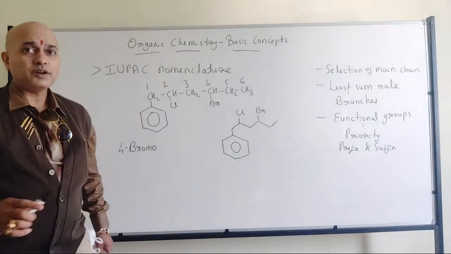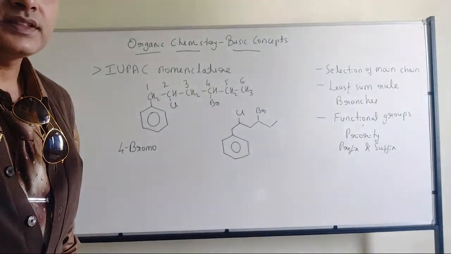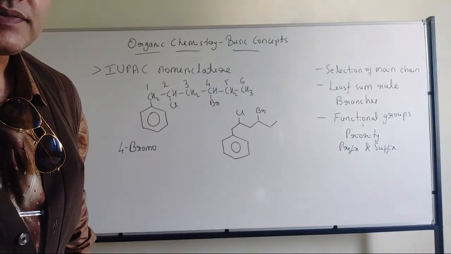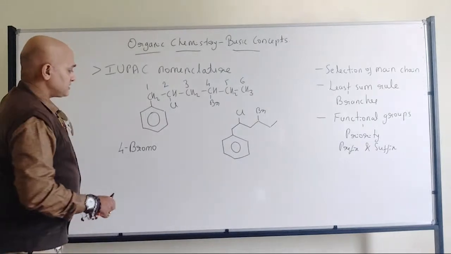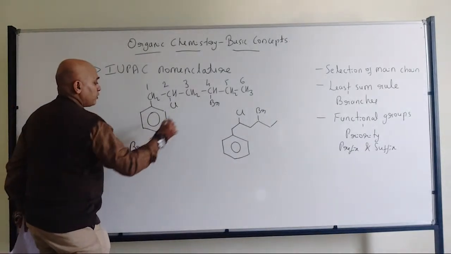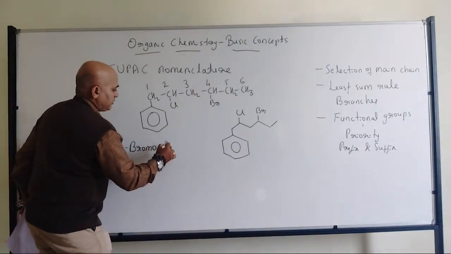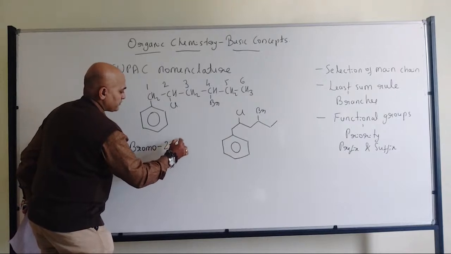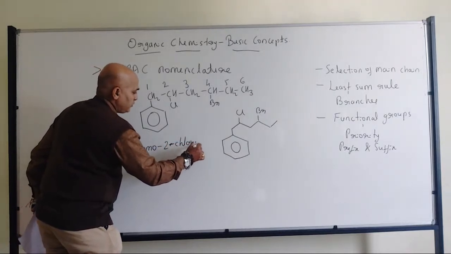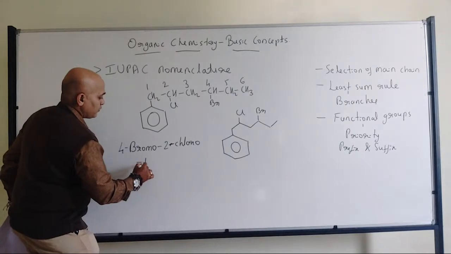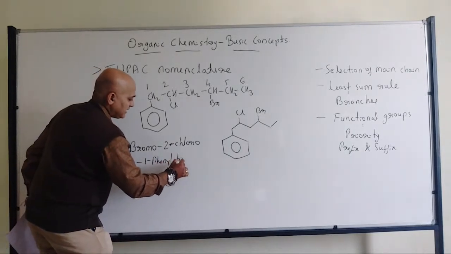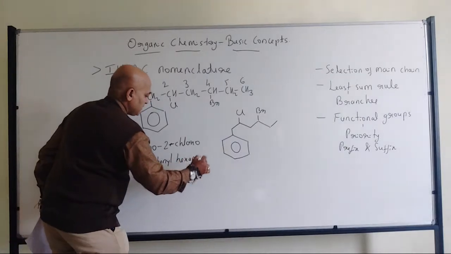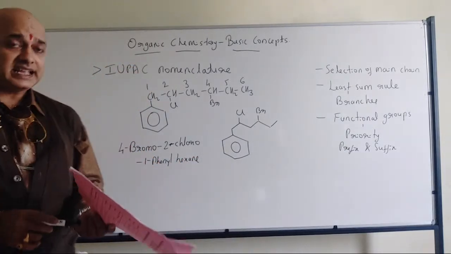4-bromo. Okay, someone else had written, I think. Okay, so that's what Shashank. While writing, alphabets should come first. So 4-bromo, then 2-chloro, then 1-phenyl hexane.